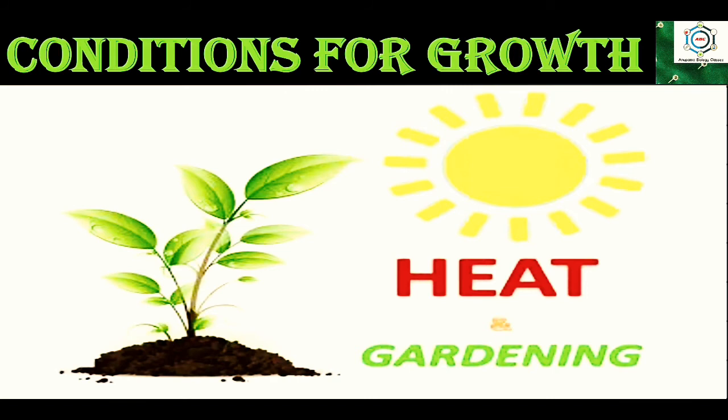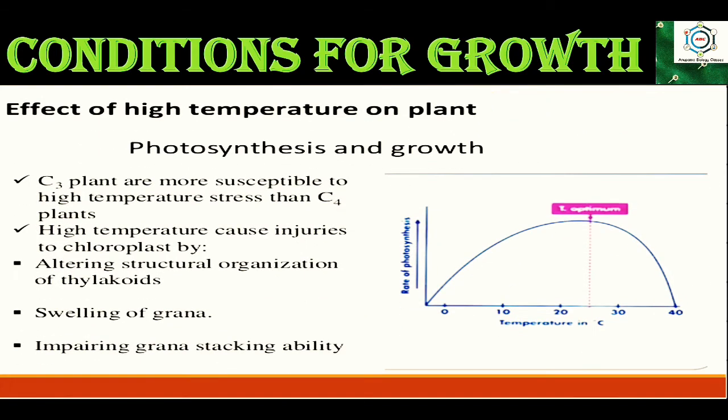Fluctuations in day and night temperatures favor a better growth. For example, growth in many plants is best when the day temperature is 25 degrees centigrade and night temperature is 12 degrees centigrade. Fluctuations in temperature influencing growth and metabolism is termed as thermoperiodicity.